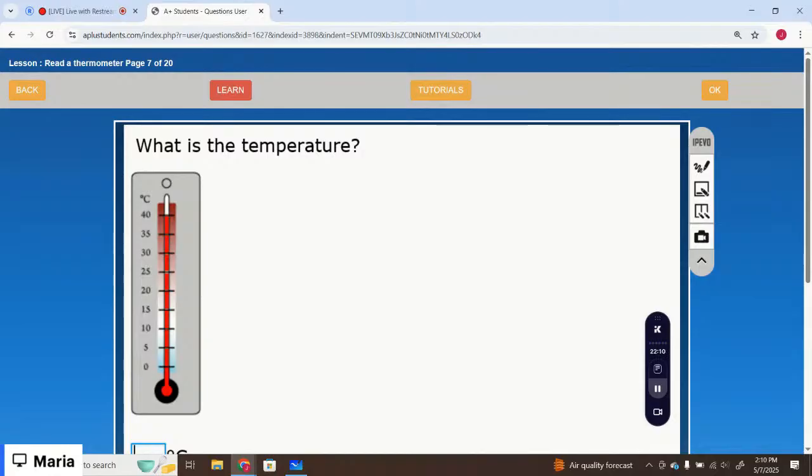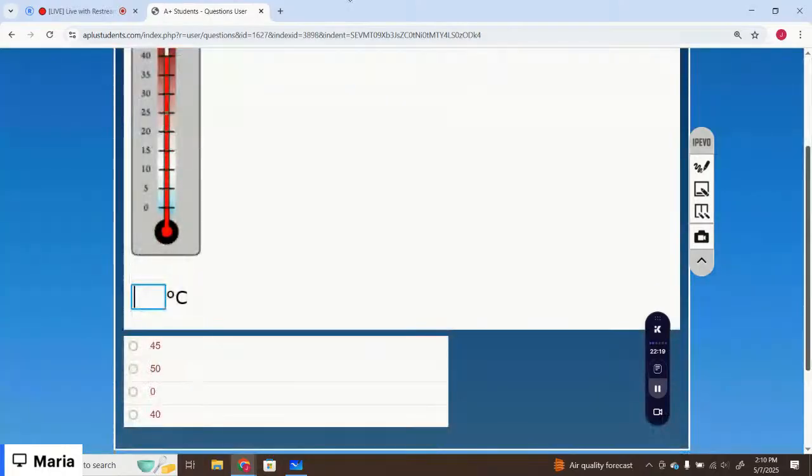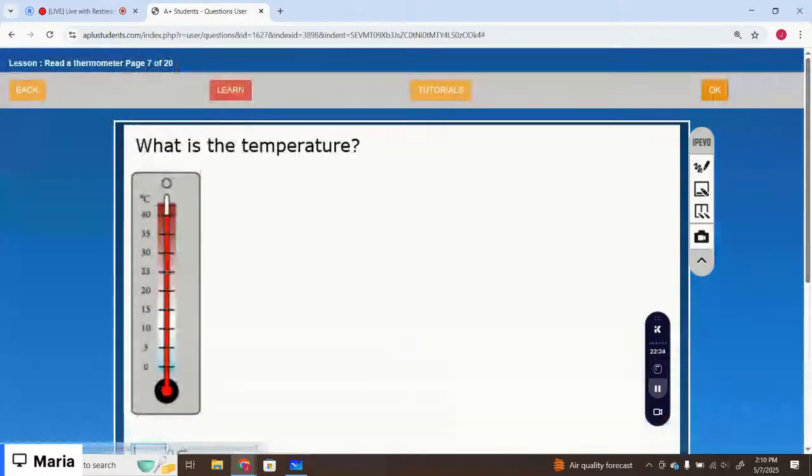What is the temperature? That is 40 degrees Celsius. The correct option is 40.